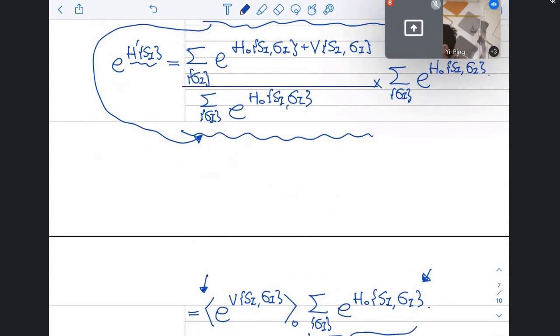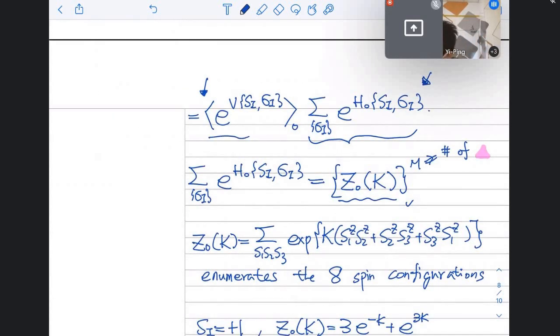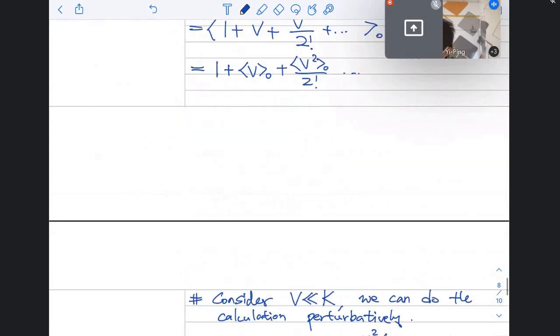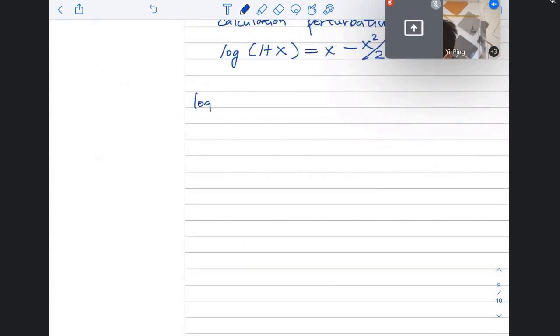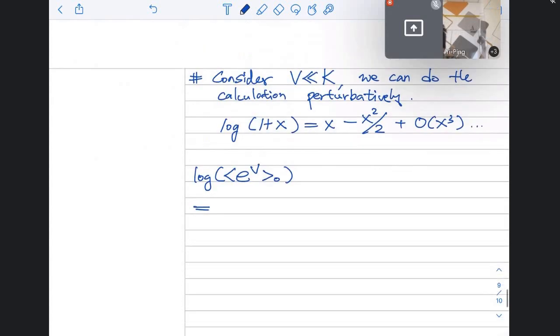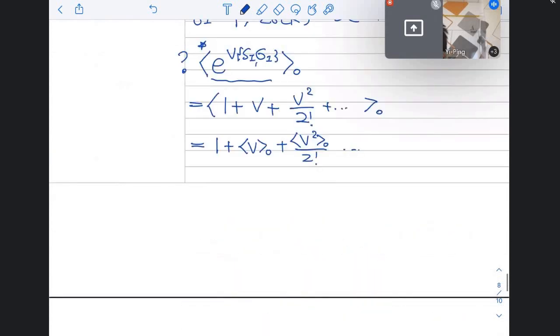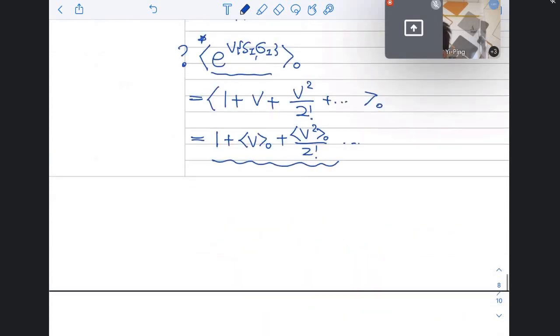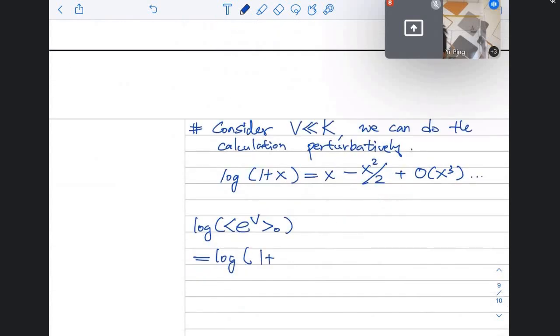So what we really care about is the log of this object. If we write down the log, as we mentioned, this exponential V is basically 1 plus V plus V squared over 2 and so on.